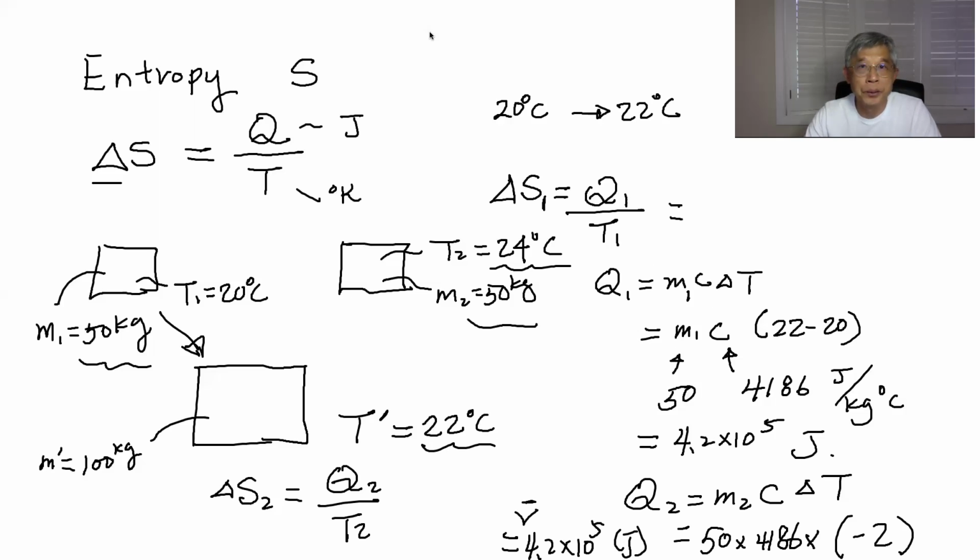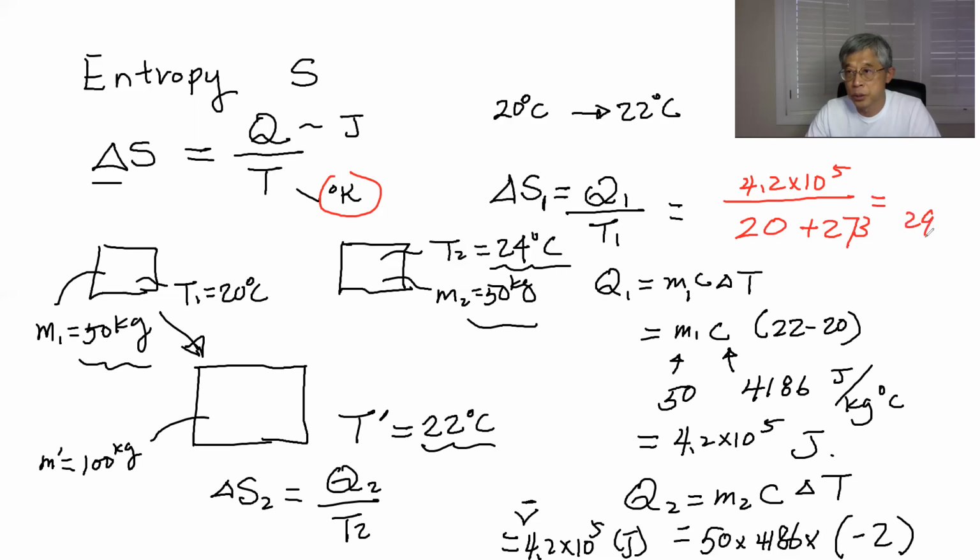Now we're ready to compute delta S1. This is equal to 4.2 times 10 to the 5 divided by T1. This T1 is 20 degrees, but we need to use Kelvin for this computation, so plus 273. That's 293.